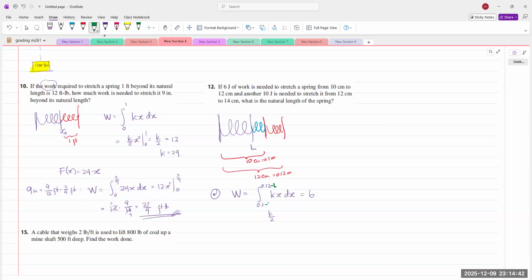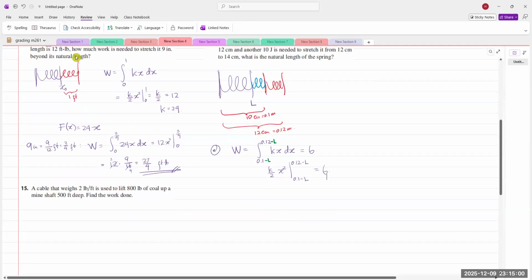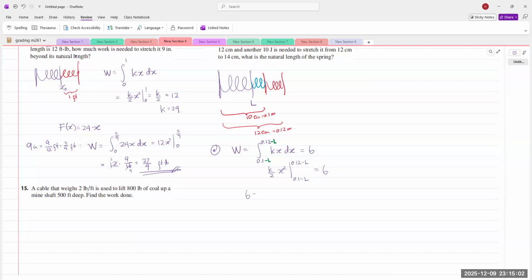I'm sorry. Okay, so this becomes k over 2 x squared from 0.1 minus L to 0.12 minus L equals 6. In other words, the work, which is 6, equals k over 2 times (0.12 minus L) squared minus (0.1 minus L) squared.